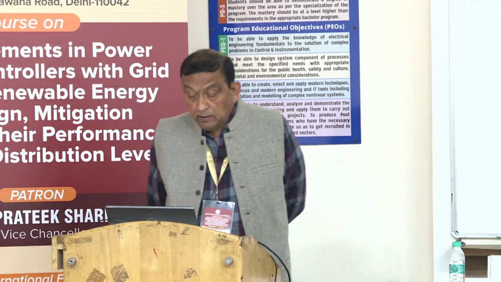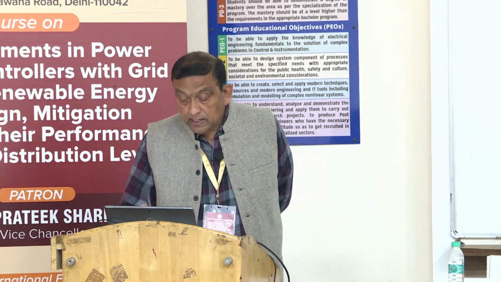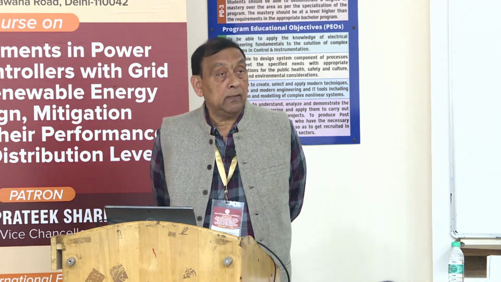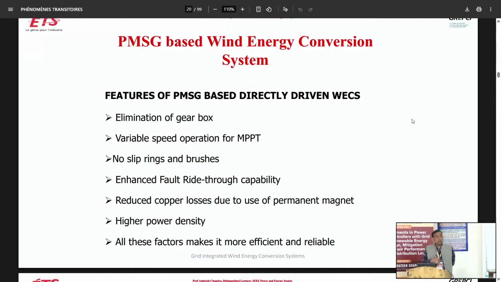And then PMSG has enhanced fault ride-through capability: low voltage ride-through, high voltage ride-through, or fault. Why does it have this capability? Because you have full size back-to-back converters. The converters totally decouple the generator from the grid.